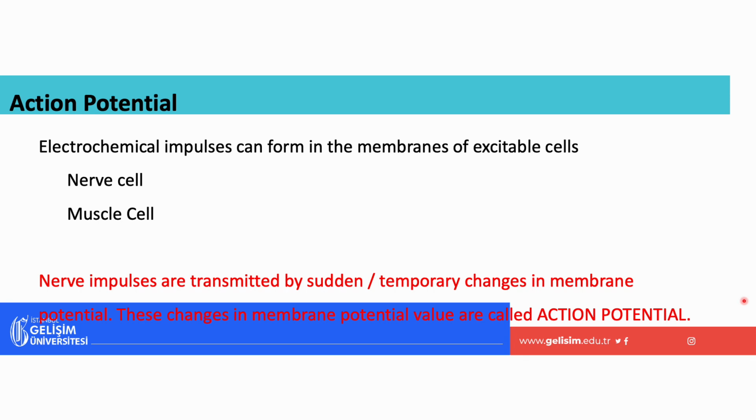So again, think back, we discussed this in the previous slides. Membrane potential, we said, is the difference in electrical charge across the cell membrane.